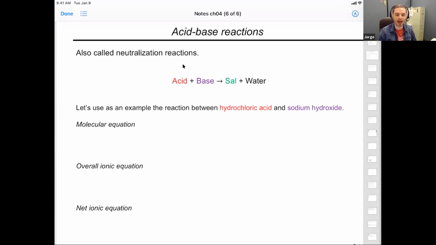Acid-base reactions are double displacement reactions. On Wednesday, we are going to go over a lot of examples, and the goal is to predict what is the product formed and to name the product formed.